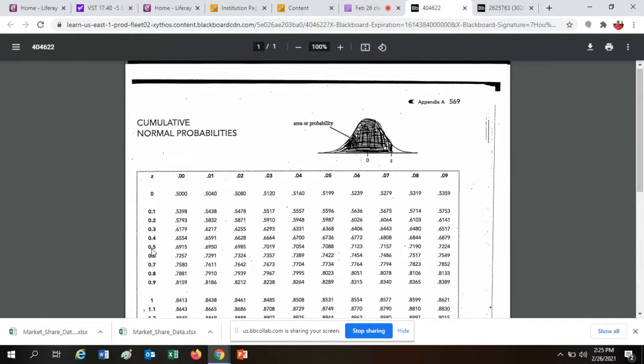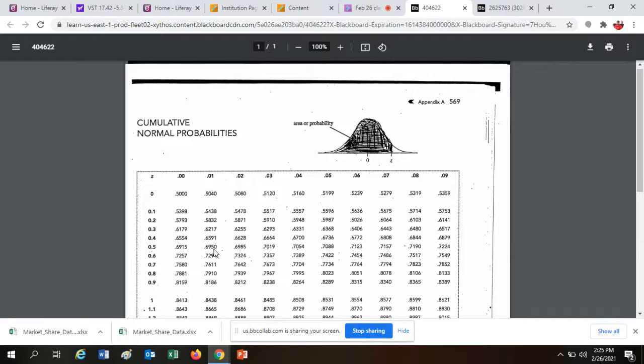It starts by going down, which gets you to the first decimal place after the period. So 0.5 brings you here. And then the next decimal place is along here. So 0.51 is in that column. And so right here is your result.